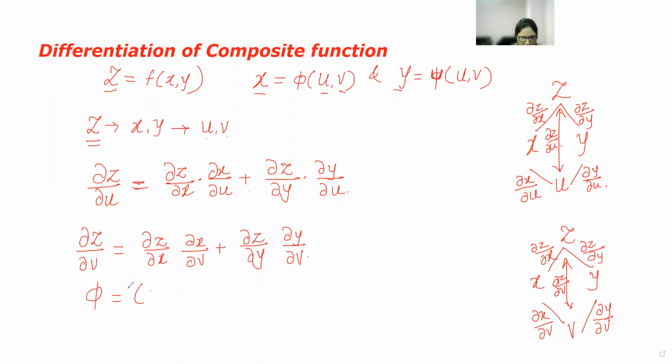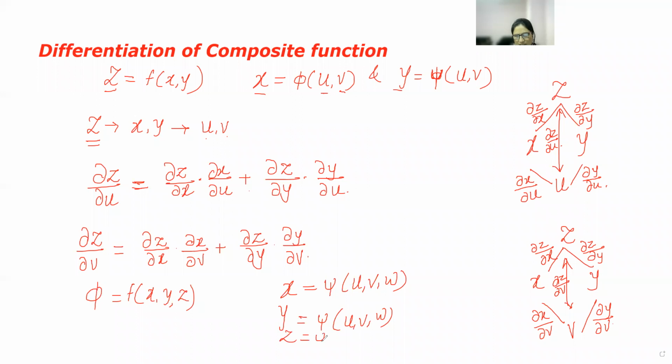Phi is a function of x, y, z, where x is a function in psi of u, v, w. Y is a function in psi of u, v, w, and here z is a function in psi of u, v, w. Means here we have 3 variables.